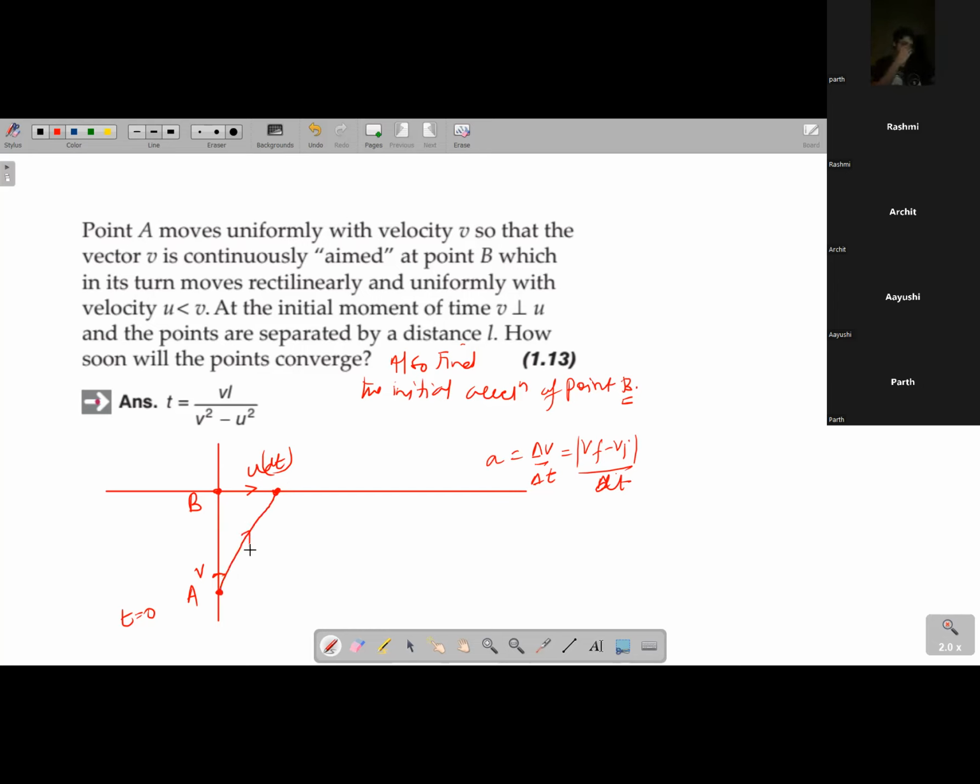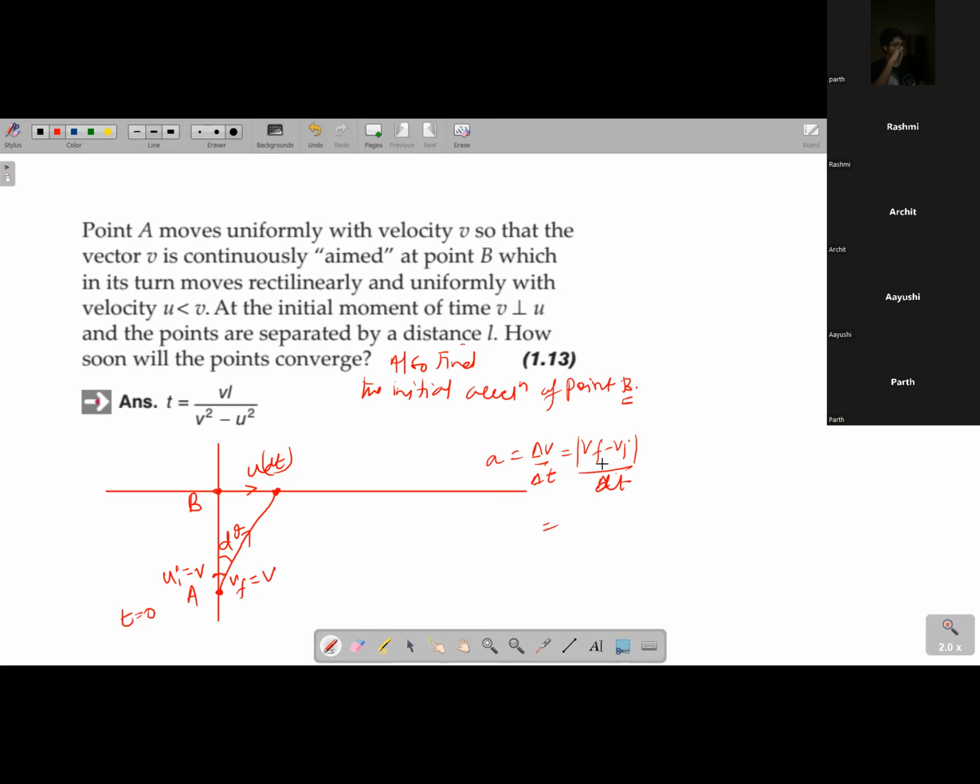In dt time, this will form a very small angle d theta. Initially this is the initial velocity of A, and this is the final velocity. The direction will be different, but A is traveling with constant speed, so the speed will remain the same.